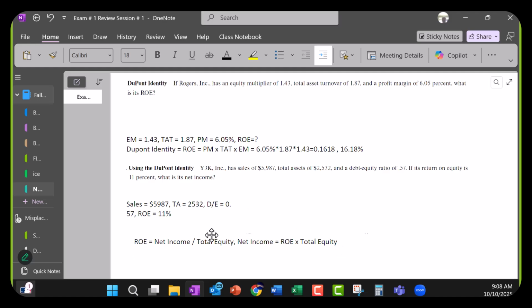I know total assets, right? Total assets is equal to total debt or total liability plus total equity.